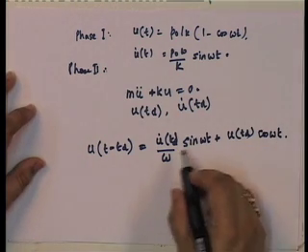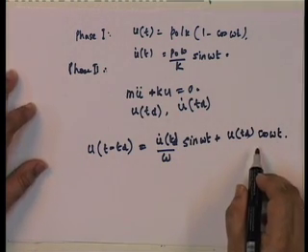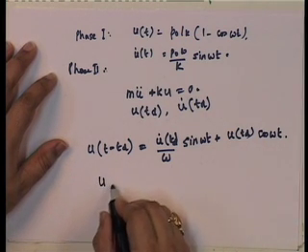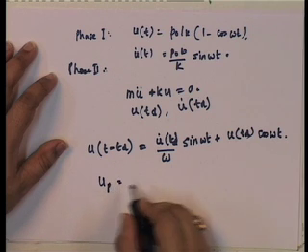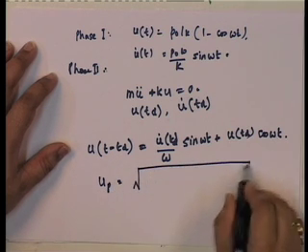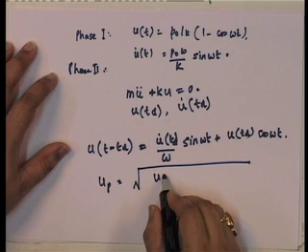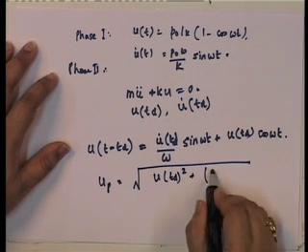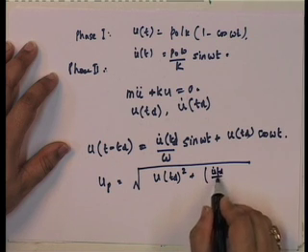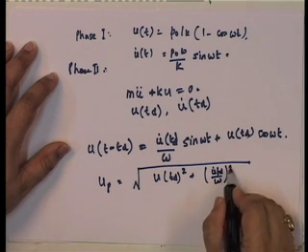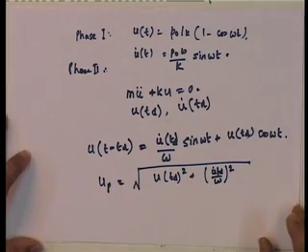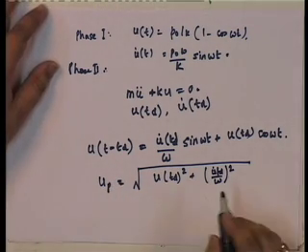Again, the value itself is irrelevant. What we want is only the peak value. So, the u peak is equal to the square root of u of T d squared plus u dot of T d upon omega the whole squared. So, that is the peak value in phase 2.